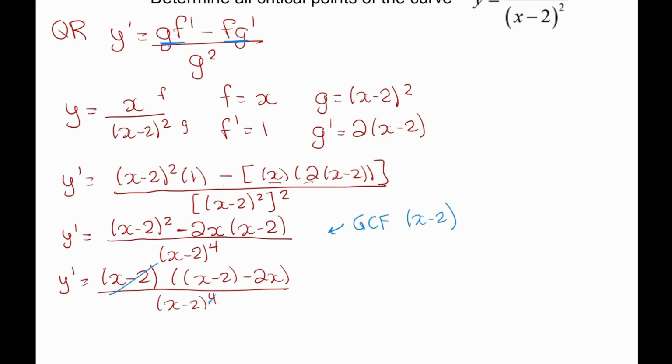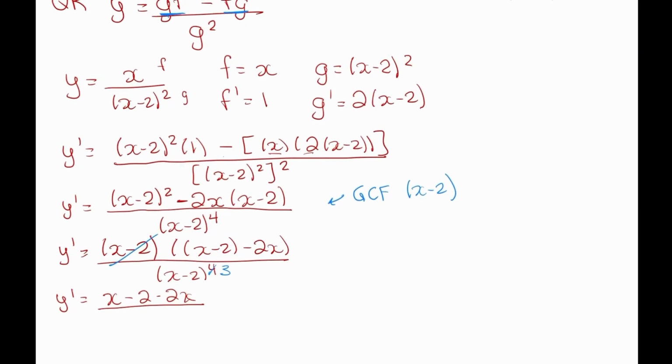That leaves us with a derivative of x minus 2 minus 2x all over x minus 2 to the power of 3. We can still simplify this a little bit, and that leaves us with negative x minus 2 all over x minus 2 to the power of 3. So now we have our derivative.